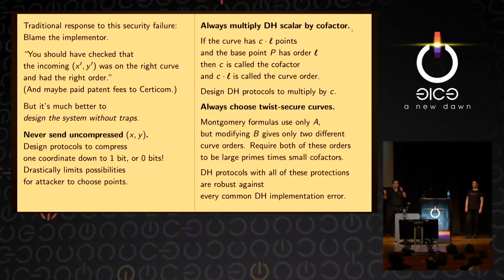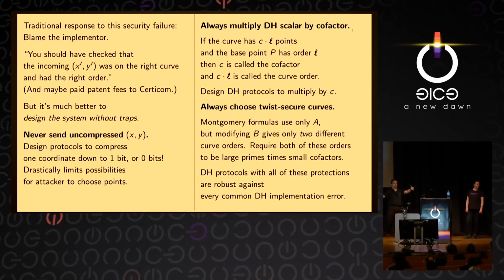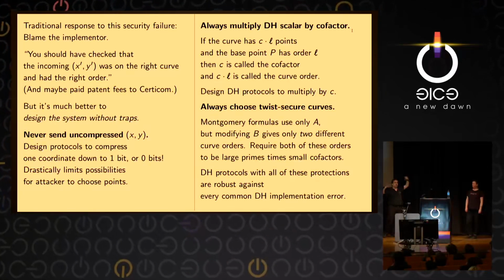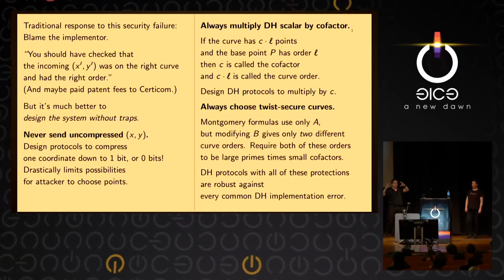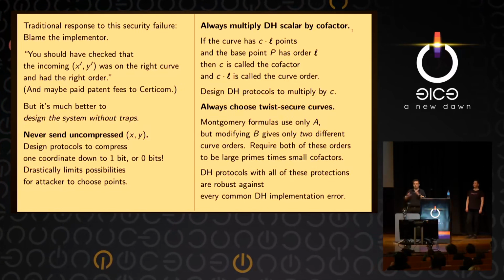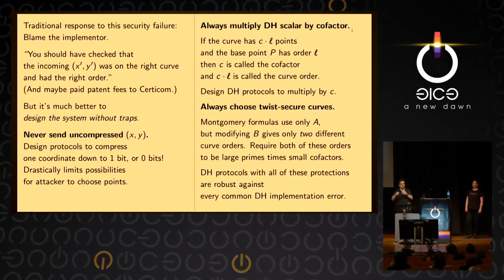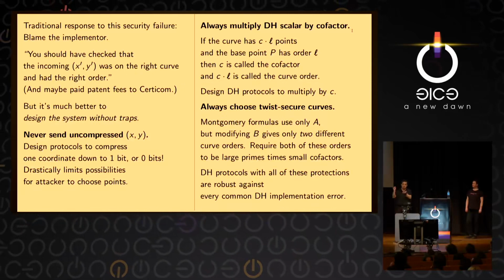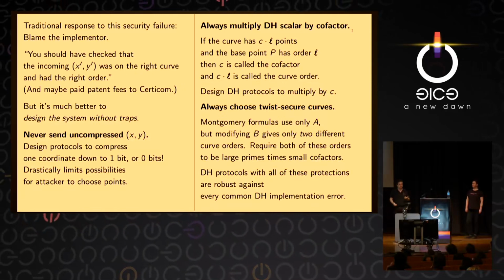There's this base point that has order L, has L different multiples. There's going to be, say, 4 times L or 8 times L points total on the curve. You're only seeing L of them. To make up for that gap and avoid some other fancier attacks, you always multiply your secrets A and B by 8. That completely protects you against these attacks, and that's something that can be put into the protocol and tested.